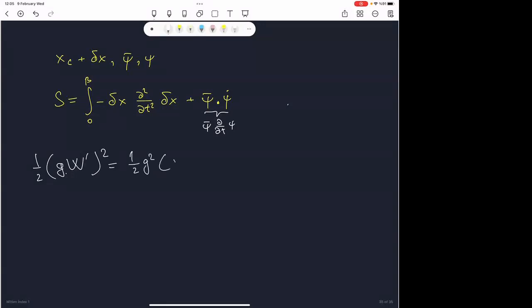And then since W depends on X, this X critical plus delta X, squared, then it's 1/2 G squared. Now, if I expand this, this is just W prime at X critical plus W double prime at X critical delta X and so on.